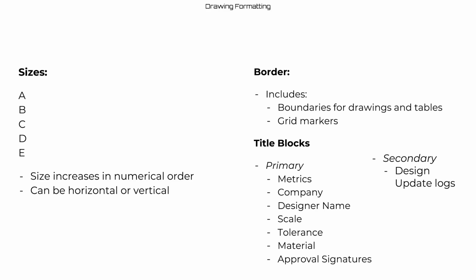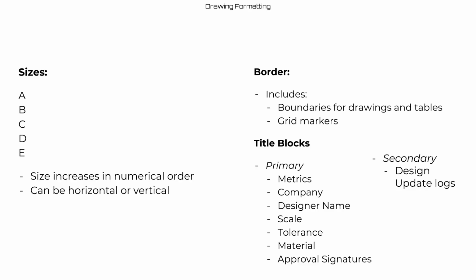There are multiple sizes, labeled A, B, C, D, E, as we went through in all of our CAD assignments. The size increases in alphabetical order, and there are also numerics, which will also detail the size.